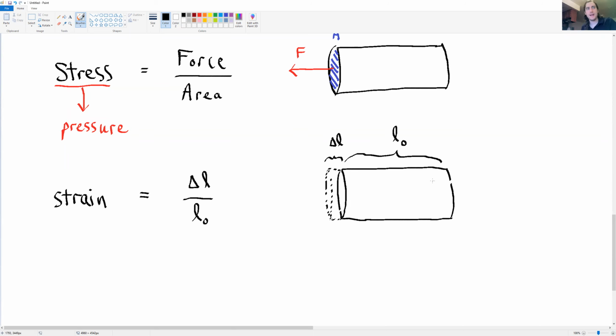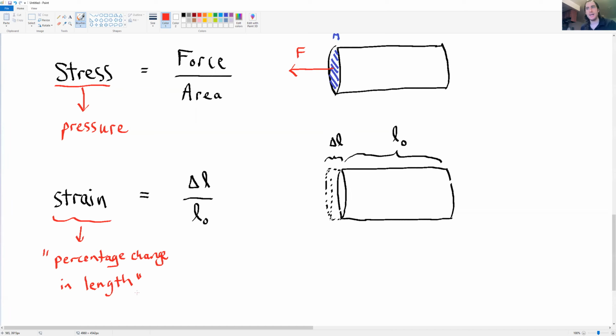So you can think of strain as kind of like the percentage change in length, except it's not multiplied by 100. I'll put it in quotations, "percentage change in length." But notice that we're not multiplying this by 100%, so it's not exactly the percentage change in length, but if you multiply by 100%, then you would have the percentage change in length.